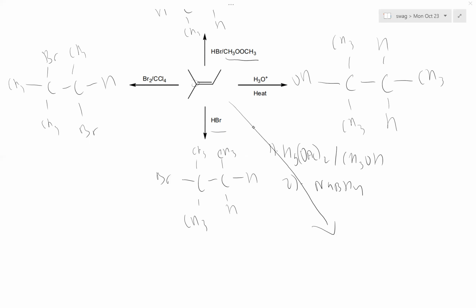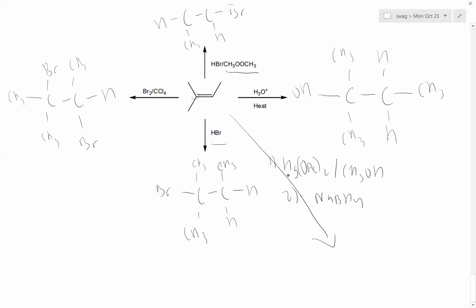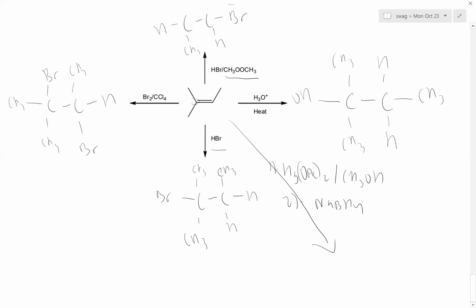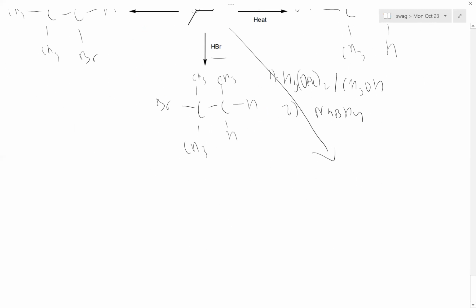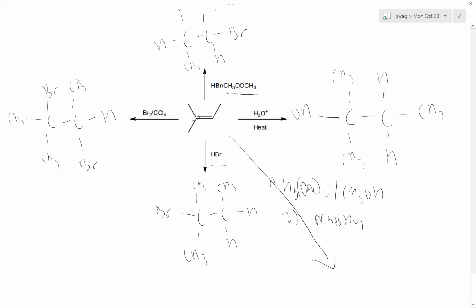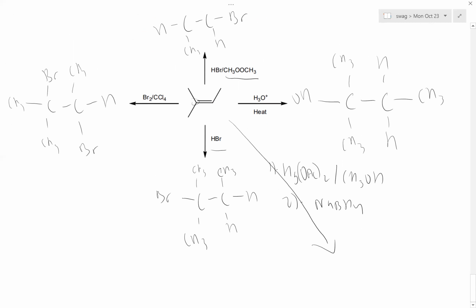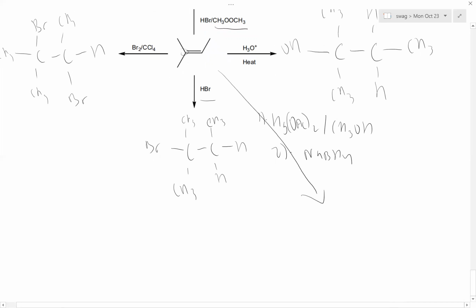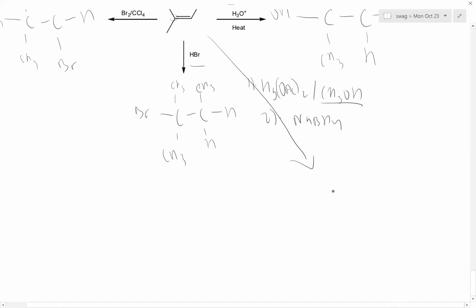So remember, this is oxymercuration. Markovnikov. So the OCH3 is going to be added to the more substituted carbon, which is the first carbon. So the hydrogen is on the second carbon, and they're anti to each other. So this one will look like the Br2 one, where the Brs are anti. But now you're going to have OCH3 because we have CH3OH, so that's what's going to be added.